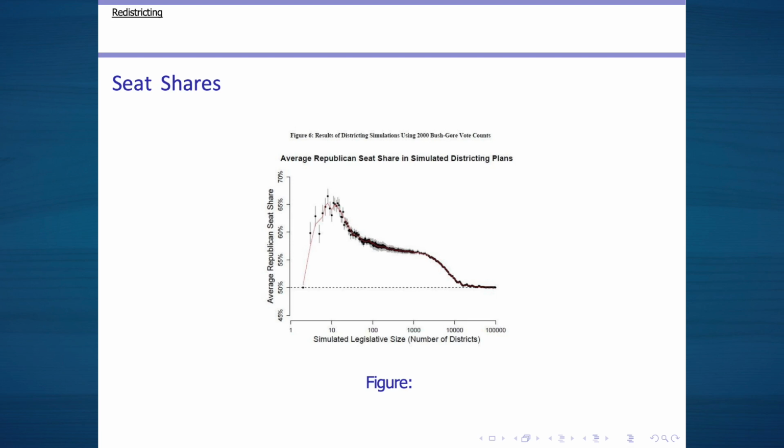So the exercise that Chen and Rodden engaged in was to randomly redistrict Florida with legislatures. They took the voter file and they identified districts based entirely on compactness. Let's get voters as close as possible to one another. And then they varied the size of the simulated legislature.